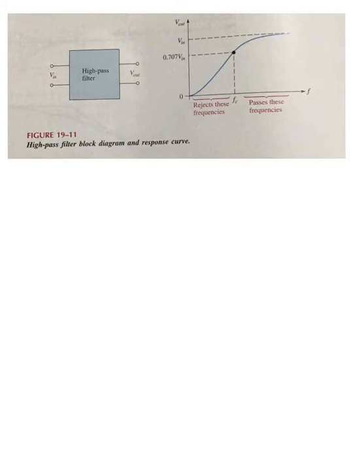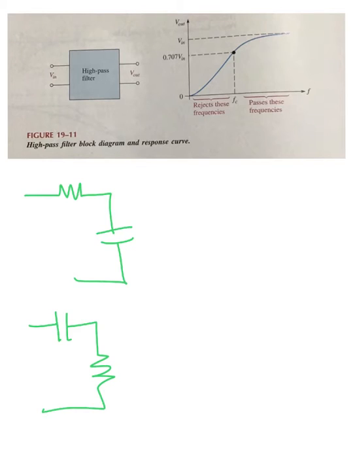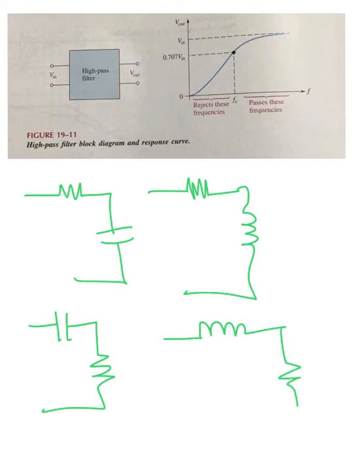Here's a box representing the high-pass filter. We know that it's going to be this circuit, or this circuit, or that circuit, or that circuit.